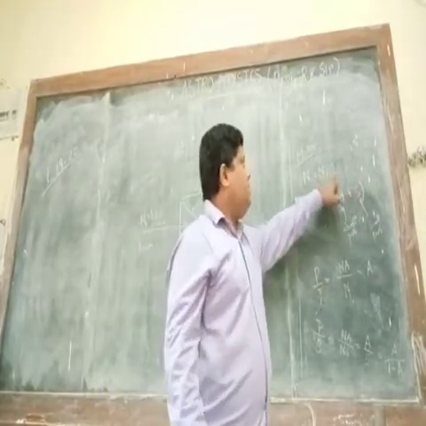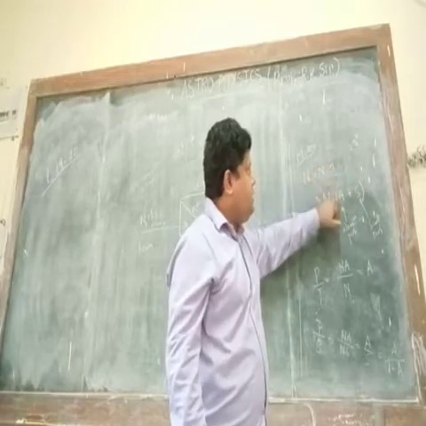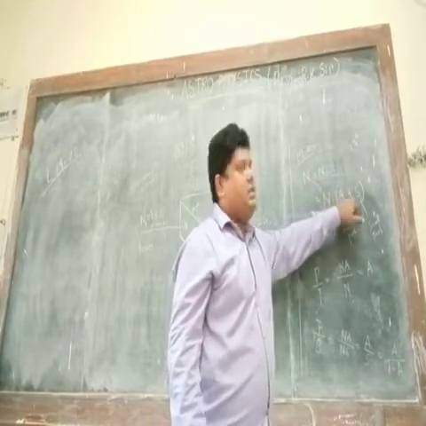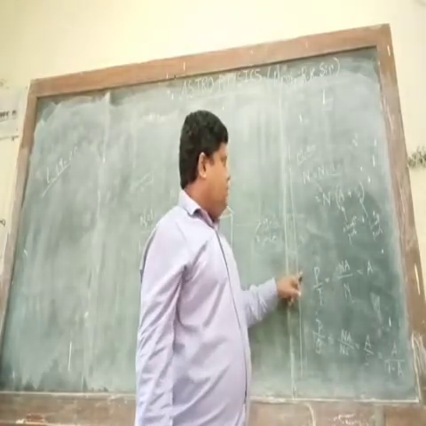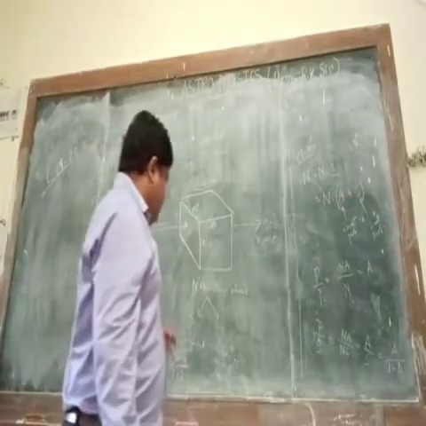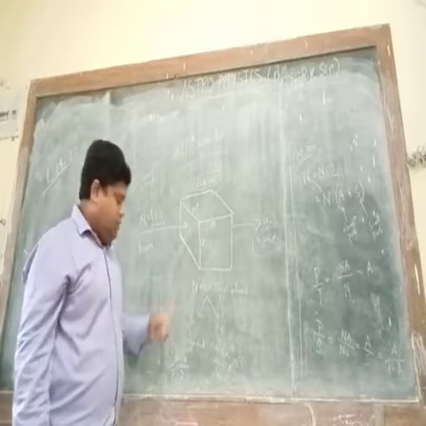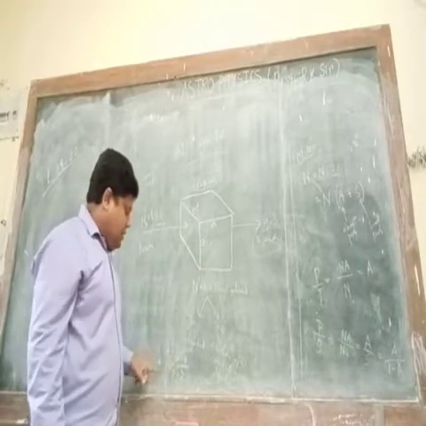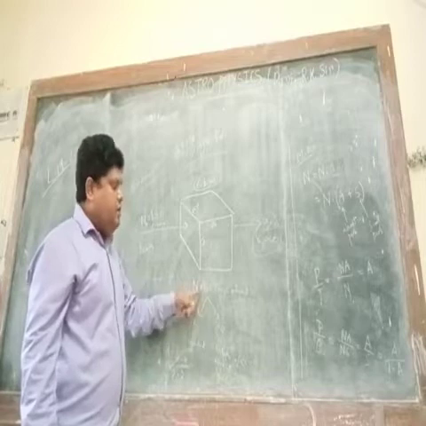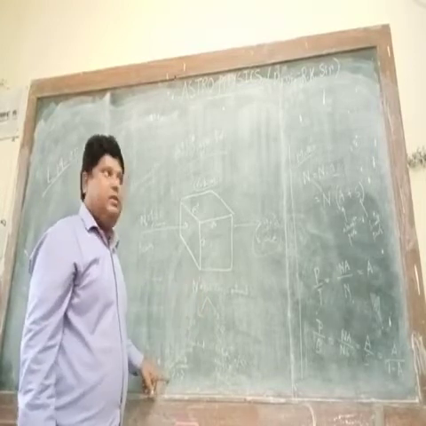So A plus S is equal to 1. So I have written 1 as 1 equal to A plus S here. Right? So what is A? From this example, A is equal to 30 by 100, which is 0.3. And what is S? 70 by 100, which is 0.7.